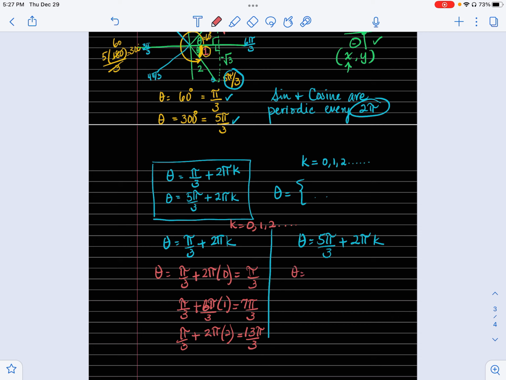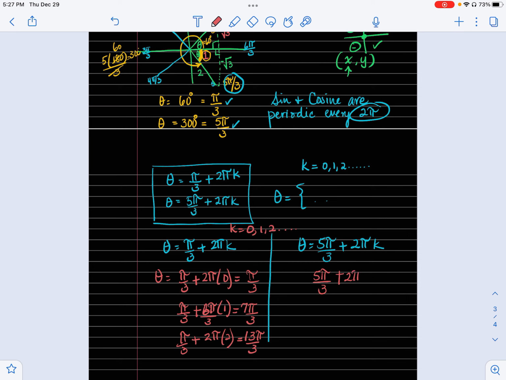And from here, our possible answers. We're plugging in 0 first, so that'll give me the very first answer. Now k value 1, which means after the first rotation is over, and this would make it 11 pi over 3, and so on and so forth.